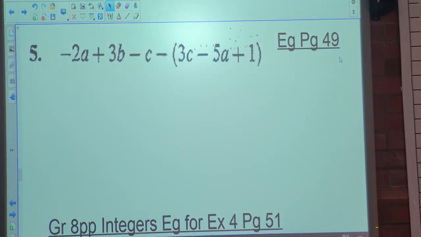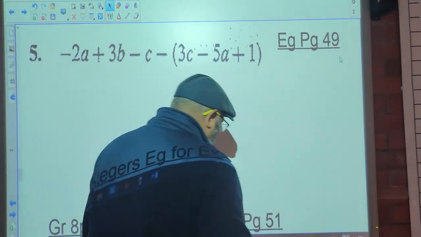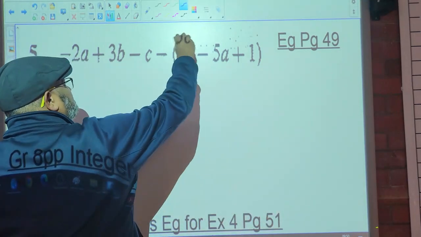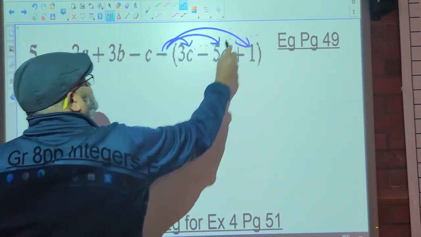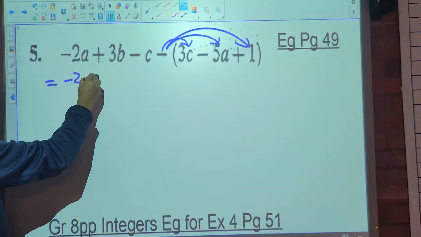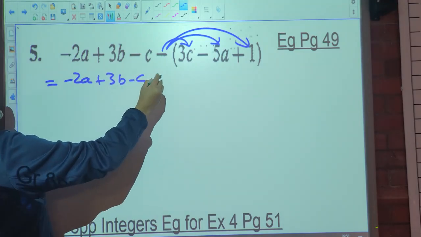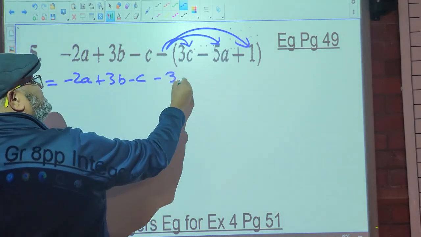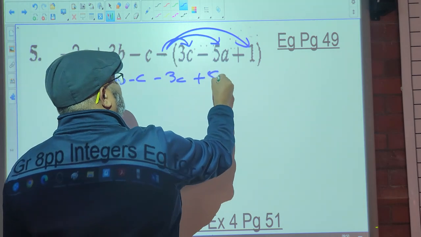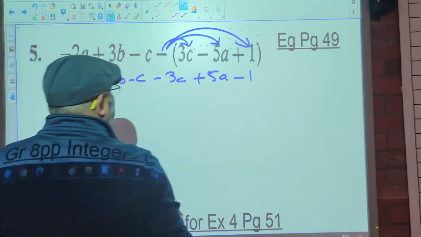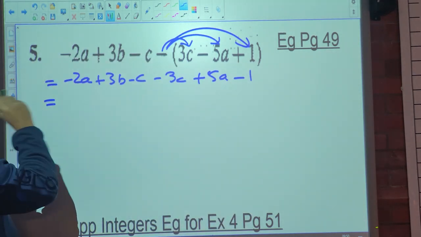We've got negative 2a plus 3b minus c minus open brackets 3c minus 5a plus 1. Brackets. So it's going to be negative 2a plus 3b minus c. Negative times positive? Negative 3c. Negative times negative? Positive 5a. Negative times positive? Negative 1. So what do I do now?